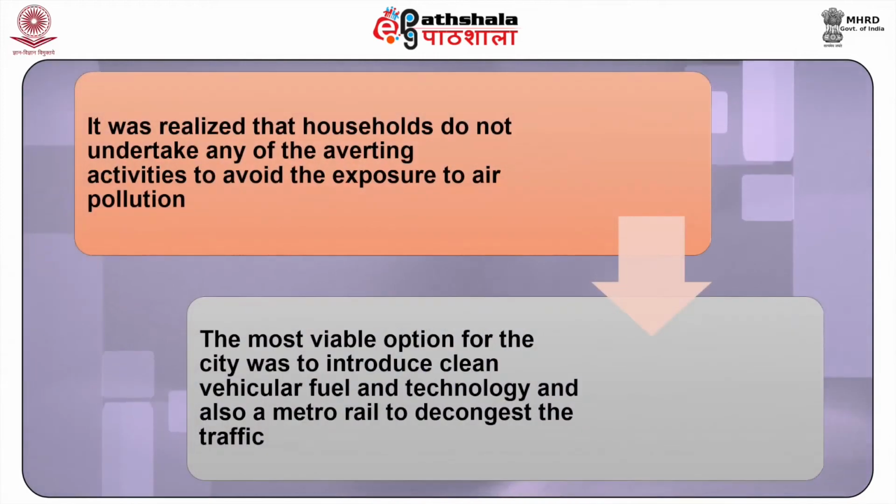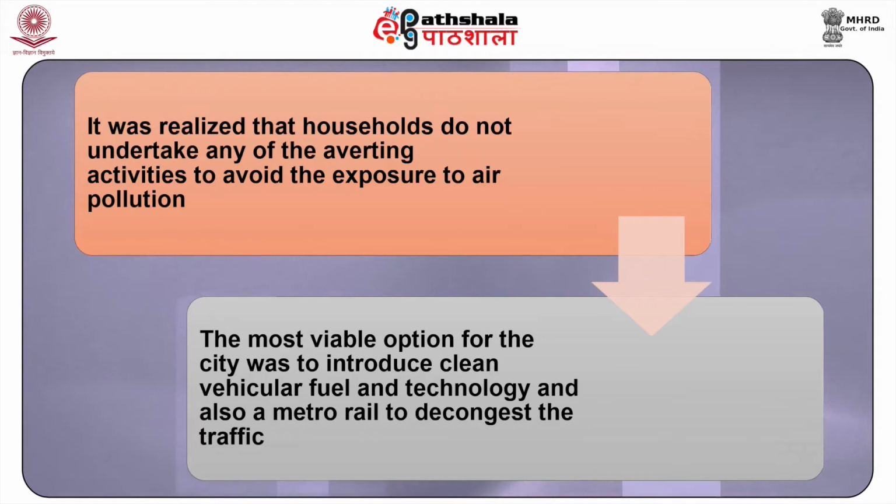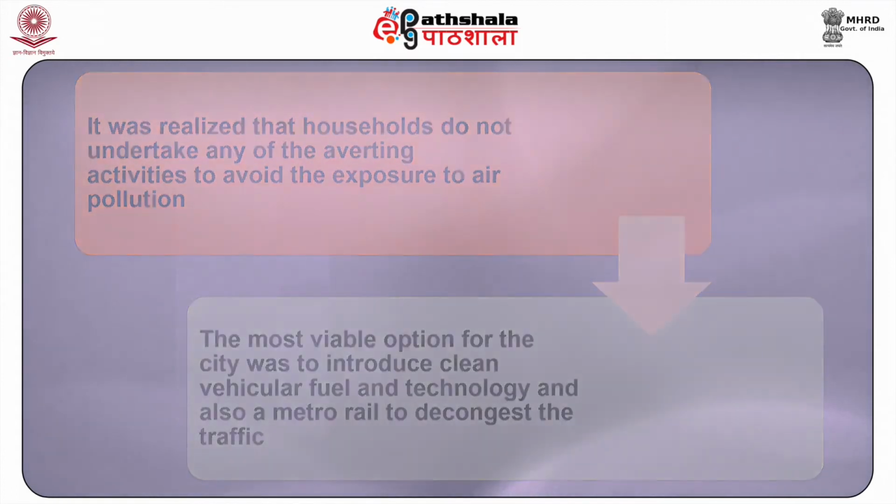During the survey, it was realized that households do not undertake any averting activities to avoid the exposure to air pollution. Among many other policy suggestions provided by the study, the most viable option for the city was to introduce clean vehicular fuel and technology and also a metro rail to decongest the traffic.